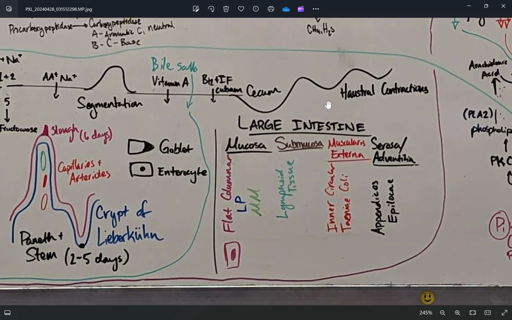In your muscularis externa, you have two layers, your inner circular and your tinea coli, which is also known as your outer longitudinal. They run longitudinally along the intestines, and you can see this grossly in anatomy. In the serosa and adventitia layer, which is deepest to the muscularis externa, you also have your appendices epiploicae, and someone made a comment on that.